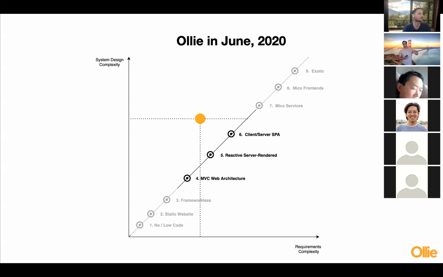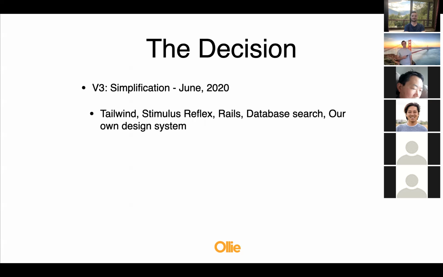Maybe arguably we were already there in a sense, but we knew our requirements were a little bit more complicated than the traditional MVC architecture. We wanted a bit more interactive components in there, but not by much, and we didn't know how much. So we all sat down together and decided to go more towards the traditional MVC architecture and build upon it for more dynamic things.